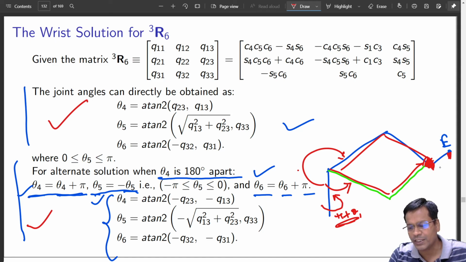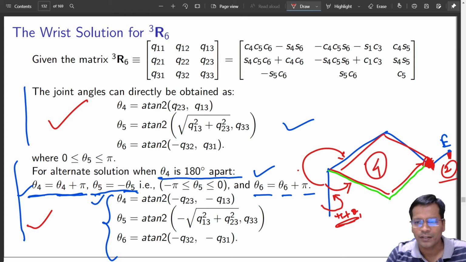For the same orientation, you can attain it in two different ways. So that is another 2. So 4 till here, 2 from here. So that is the total of 8 solutions normally there for a spherical wrist. Although all of them are not possible for this robot also.